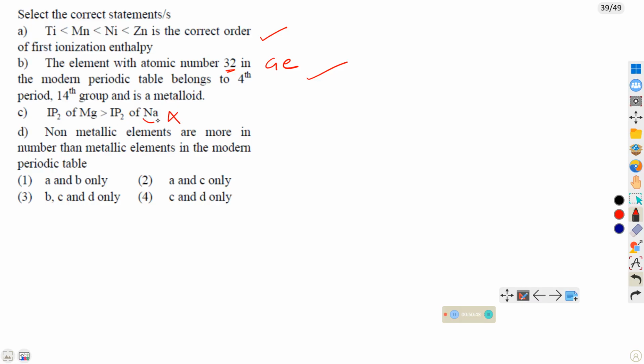After removing one electron, sodium gets a noble gas electronic configuration, so IP2 of sodium is greater than IP2 of magnesium. Non-metallic elements are more in number than metallic elements in the modern periodic table. Wrong. Only A and B statements are correct.